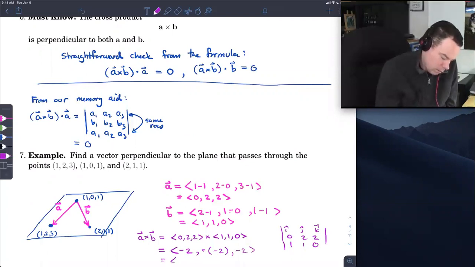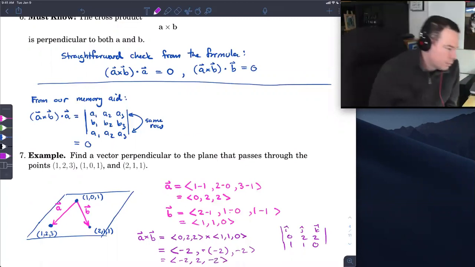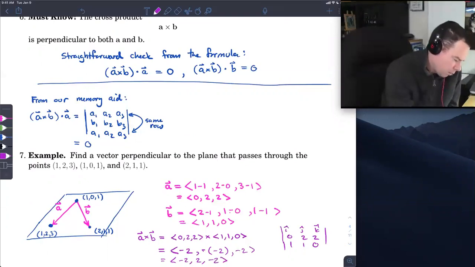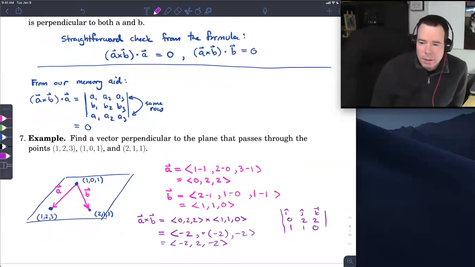So it looks like it's negative 2, 2, negative 2. And so that's our resulting cross product.